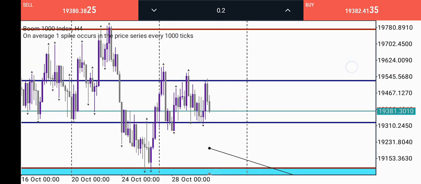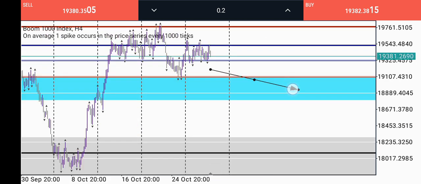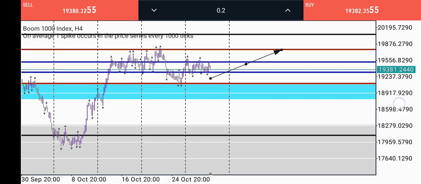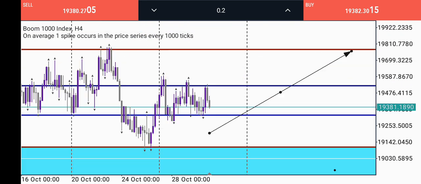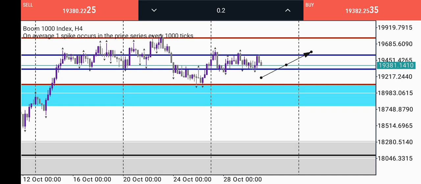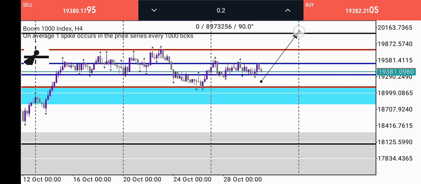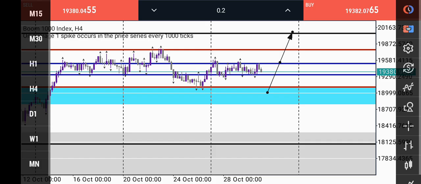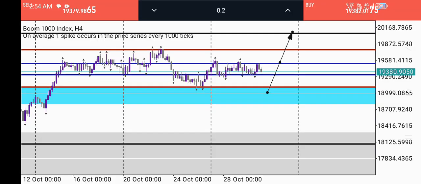My expectation on this is still bullish. I'm expecting price either drops into this BPR to here, or once it breaks out from here, until it takes out here, that's when we do another analysis.